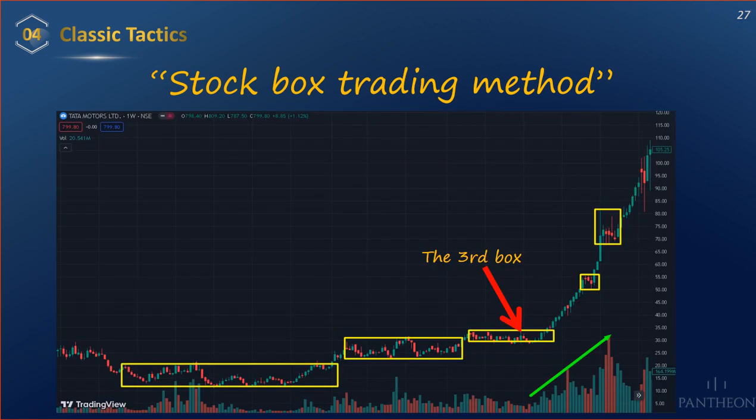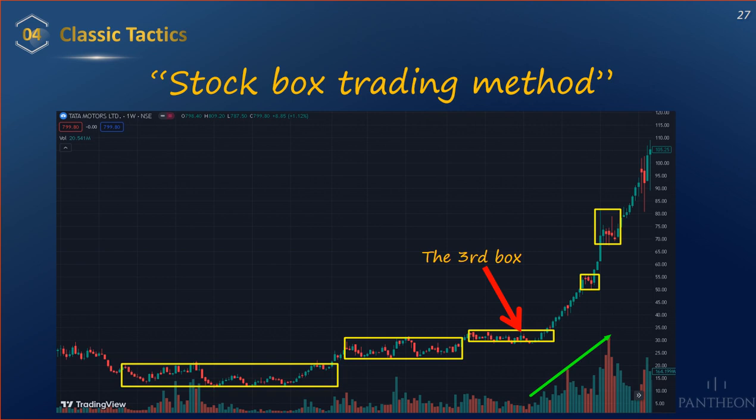Okay. Next, we will use a practical chart to share with everyone as shown in the figures. Okay. The third box, which I marked over here, starts to break through with increased volume, which is the best time to buy or add positions.